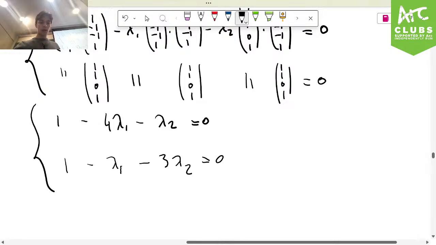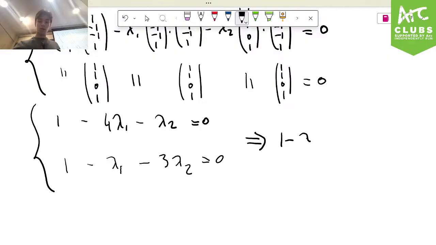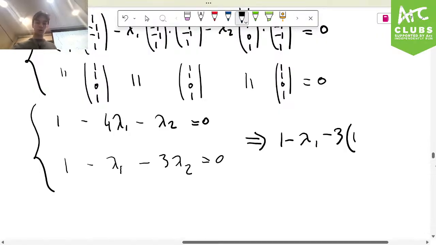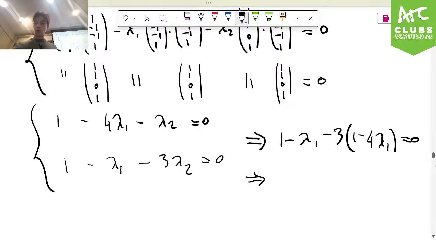We now know that this implies that 1 minus lambda 1 minus 3, I'm just going to substitute in from equation 1 here, which implies that 11 lambda 1 minus 2 is equal to 0, is that right?